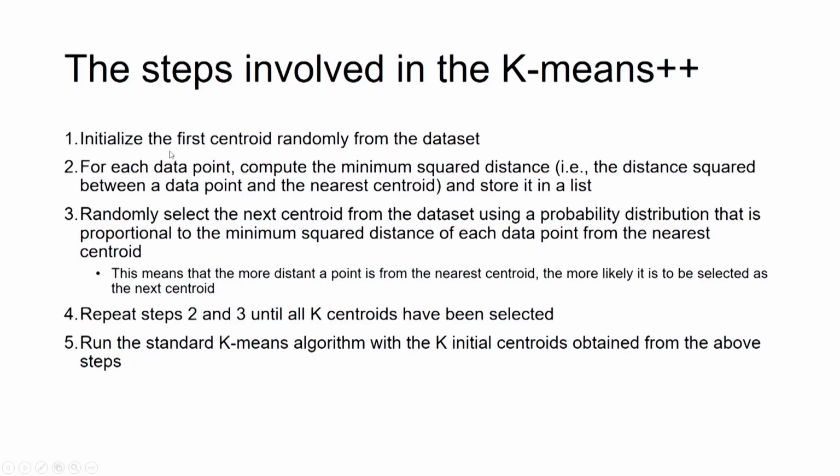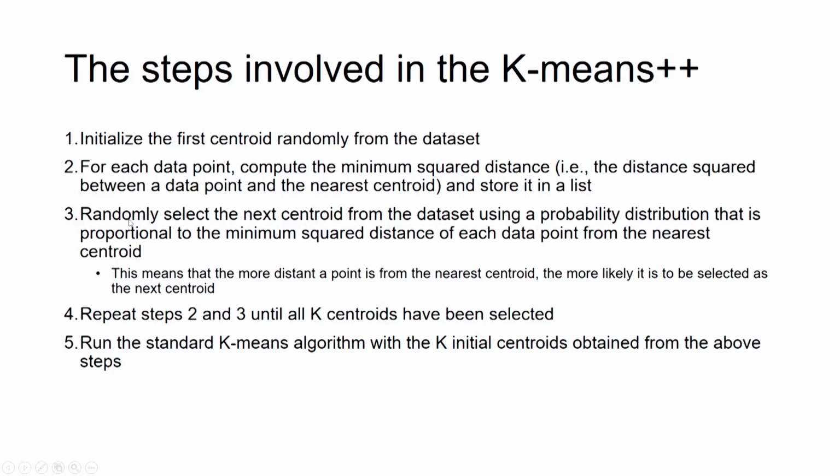After initializing the first centroid randomly, in the second step for each data point we will compute the minimum squared distance and store it in a list. Basically, for each data point we will compute its distance from the initially chosen centroid, and then we will take the square of that distance.